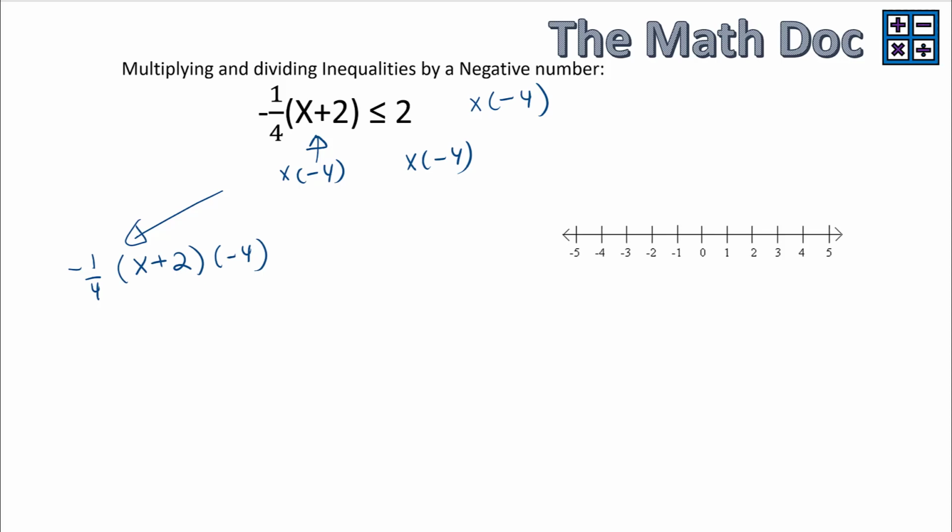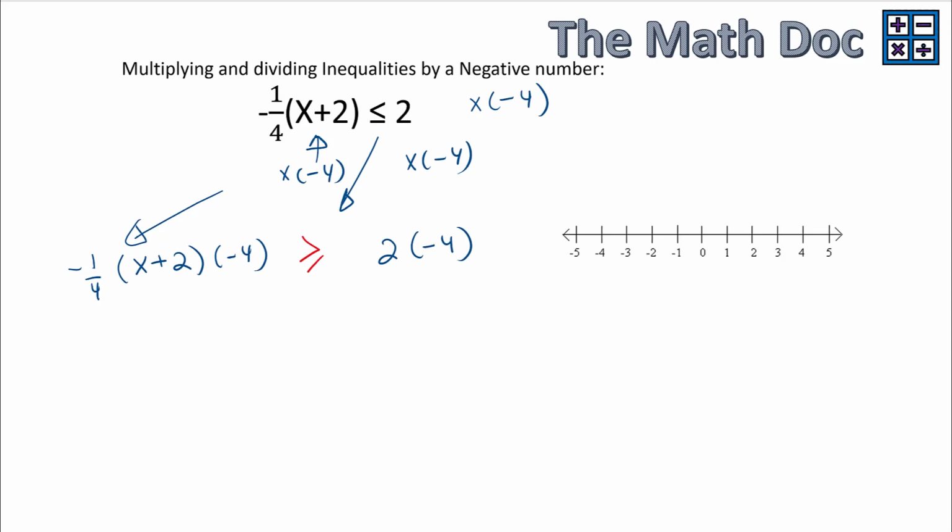And on the right-hand side, we have 2 times negative 4. What happens to the inequality sign? Well, we have to flip it. So going from less or equal to 2, we go to larger or equal.